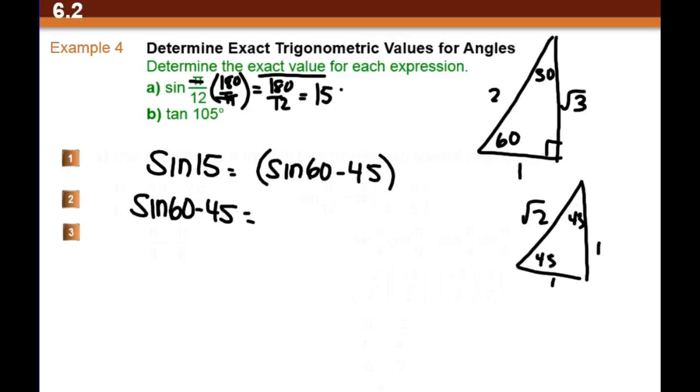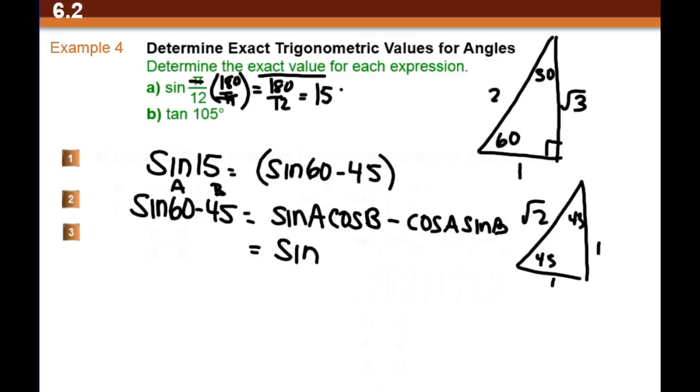Okay, so we'll say this is A and this is B. So then to finish the pattern, sine A minus B is equal to sine A cos B, subtract cos A sine B. Okay, so then all you do is fill in your A's and B's with the appropriate angle. So A is 60, B is 45.